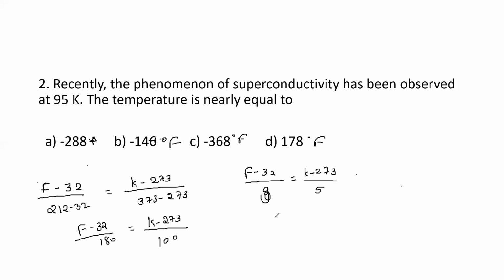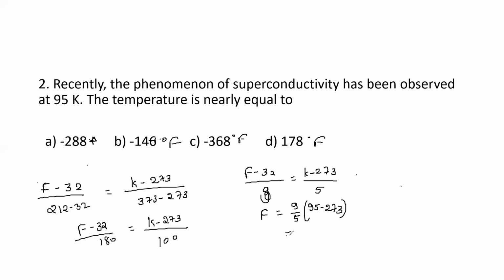Therefore, simplify this equation for F. F is equal to 9 by 5 into bracket K value, 95 minus 273. So simplify this one.